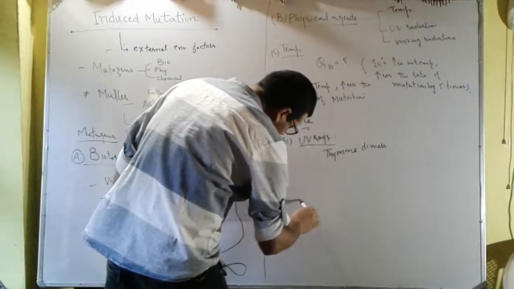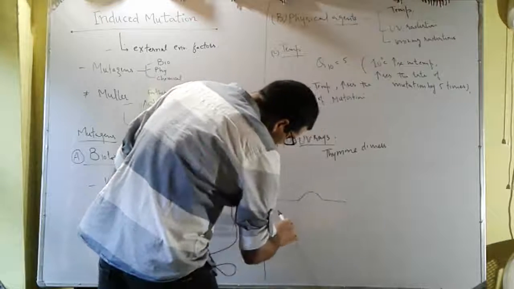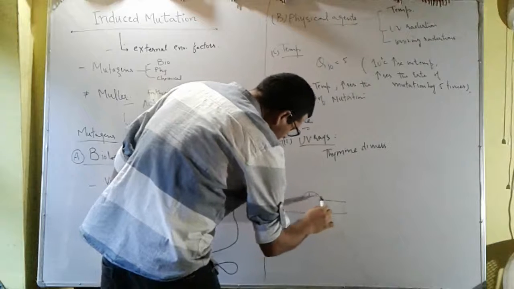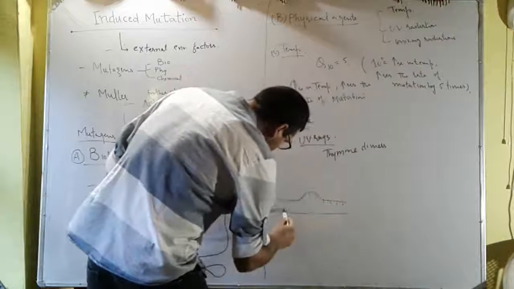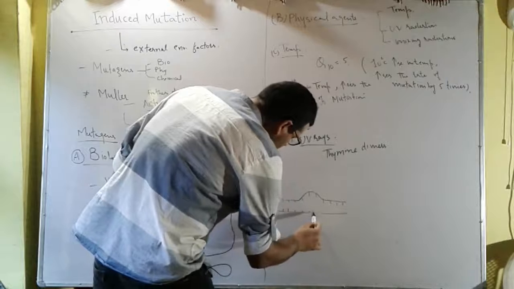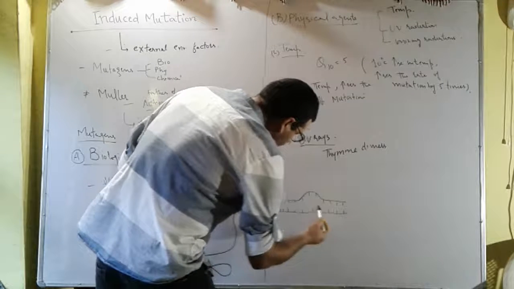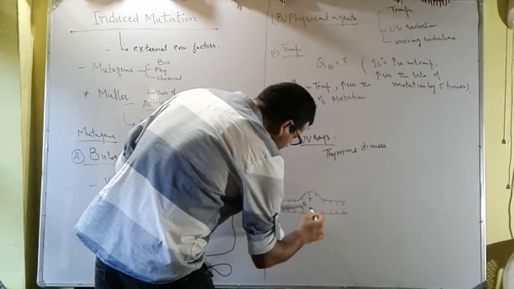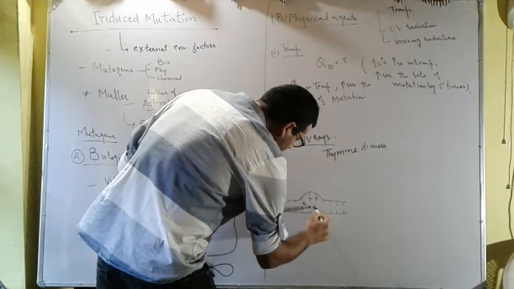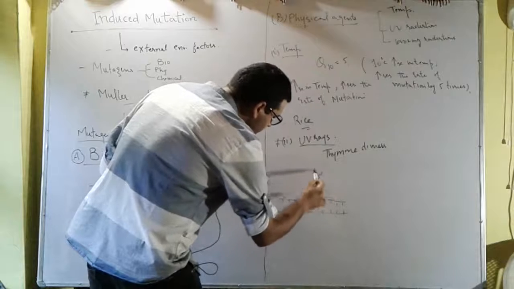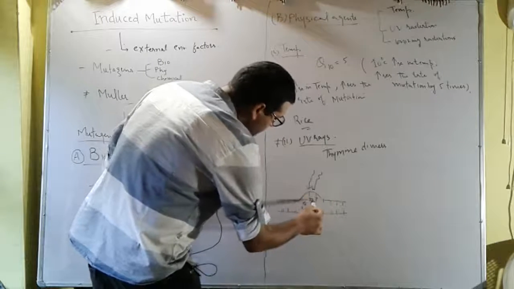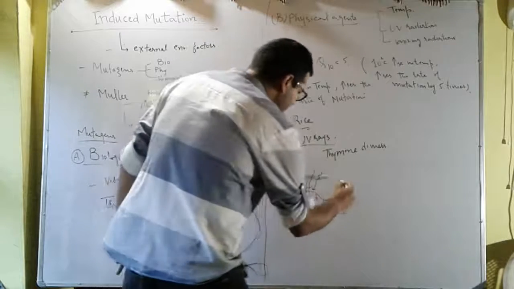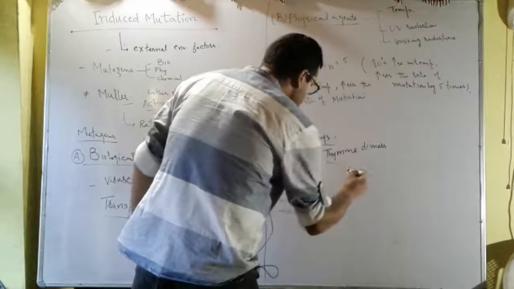So, for example, we have this particular sequence, GCTATA. What do ultraviolet rays cause? They cause thymine dimers. These are thymine dimers, and we show it like this.